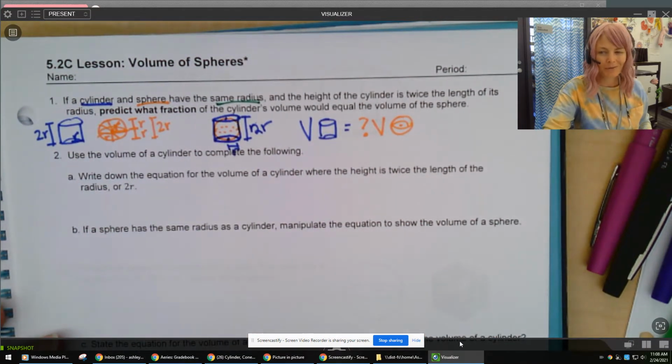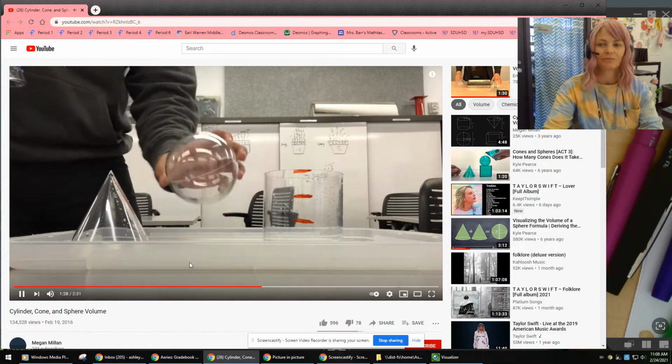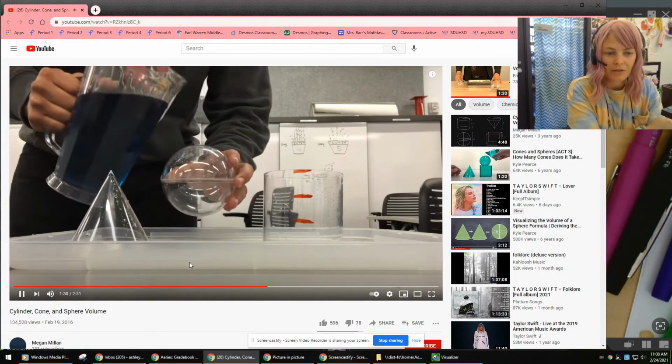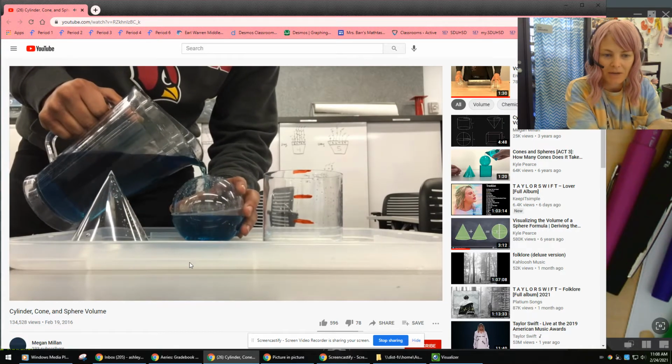Maybe you already watched the rest of that video we looked at last time, but if not, we're going to finish watching that now to compare that sphere with the cone and the cylinder. These all, remember, have the same height and the same radii. Of course, we're going to fill up our sphere with our water.